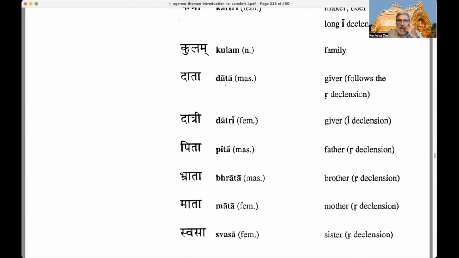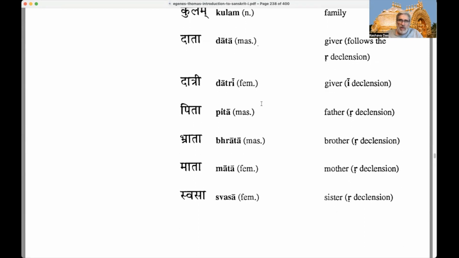Then we have data. Data is masculine, and it is declined like a ri-ending noun. It means giver, and we already learned that in the beginning of the lesson. Datri means giver. Here we're showing the nominative singular form of datri, which is data.